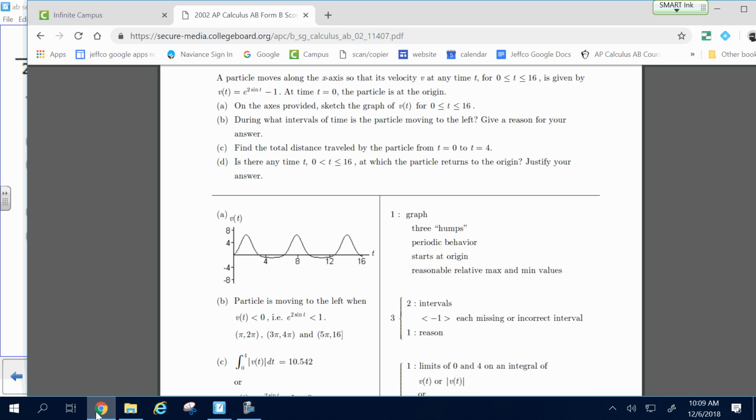And then from 5 pi to 16. That was 3 points: 2 points were for the answers, 1 point was for the reasoning. Particle moving left when velocity is negative. You had to justify why you looked where you did.